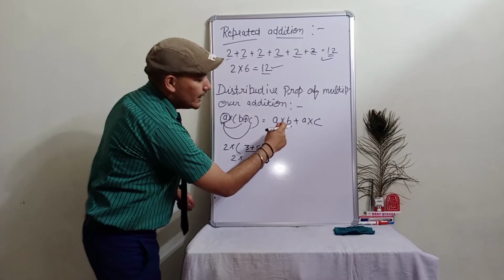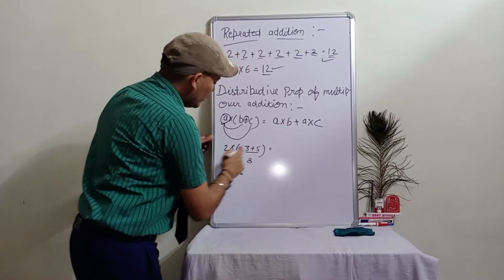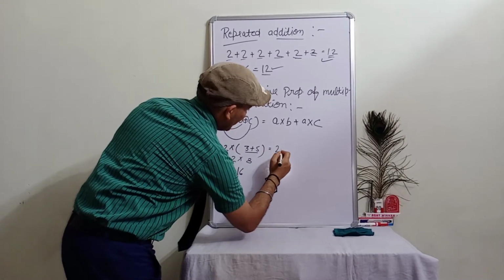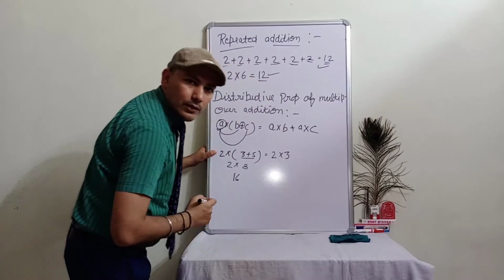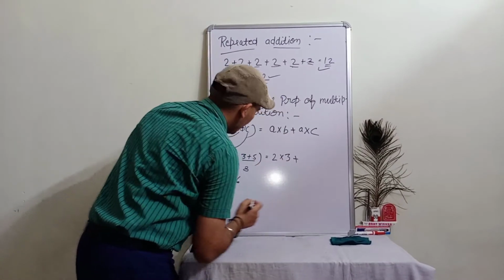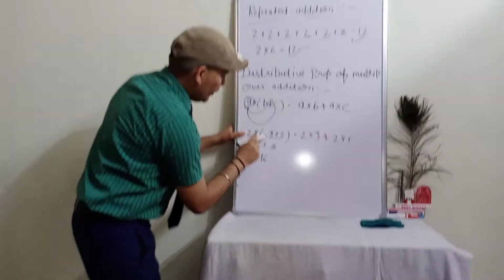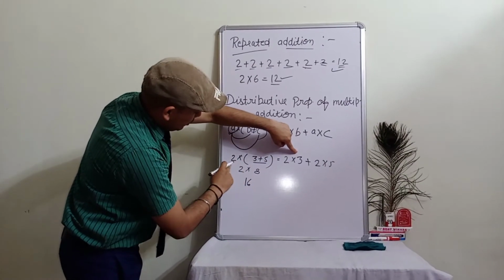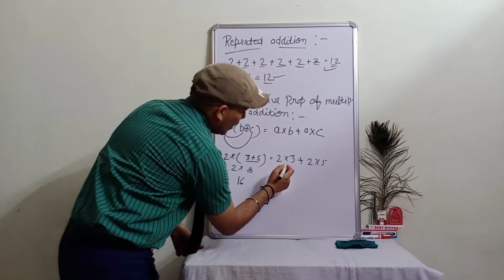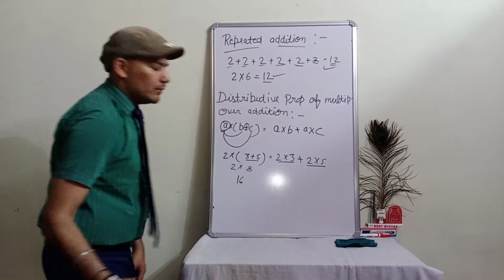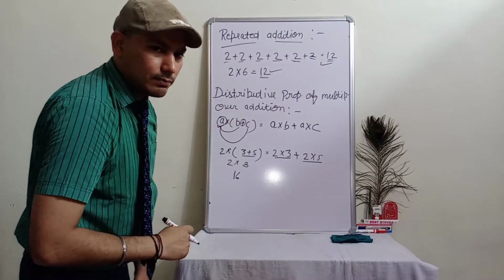So now see, does this follow the rule or not? This means A into B, 2 into 3, plus 2 into 5. Now tell me, according to simplification, what will we do first?